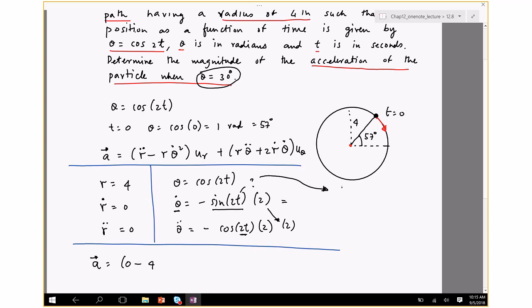Now I cannot put 30, I need to put the answer in radians because theta is in radians. So theta in radians is pi divided by 6, that's 30 degrees, equals cosine 2t. And then I can solve for t, which is half of cosine inverse of pi divided by 6.